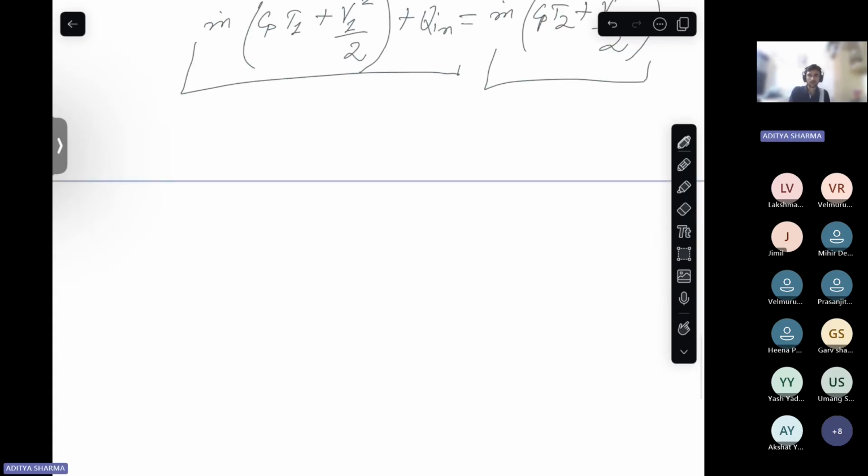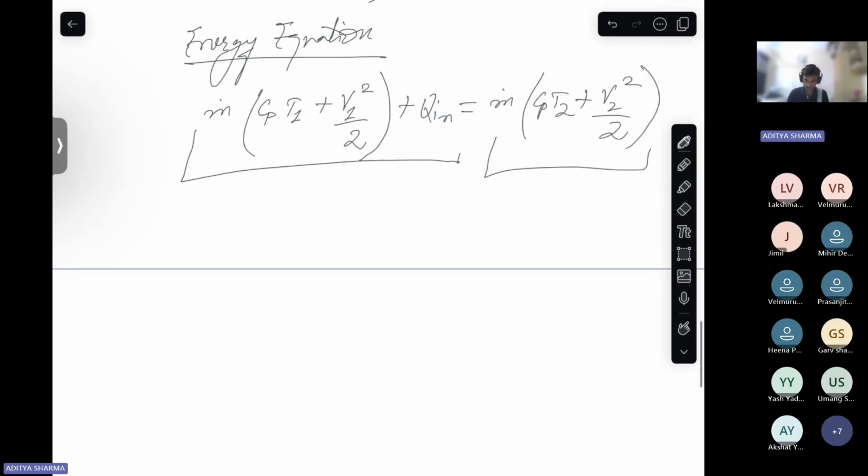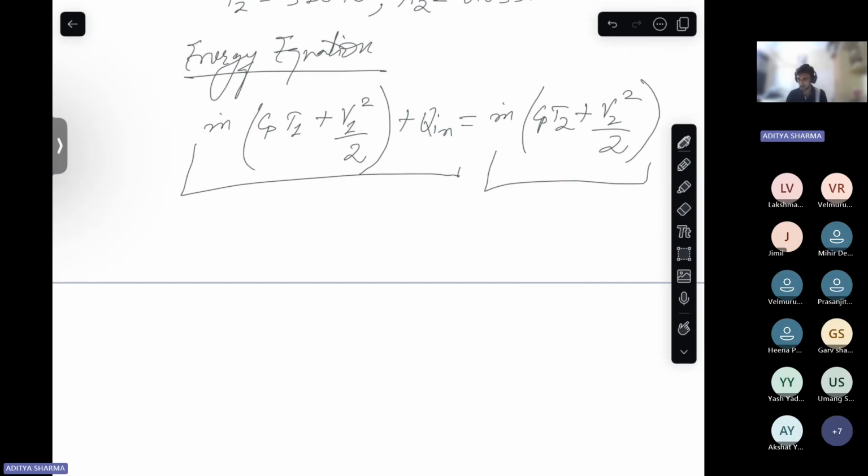So now you have to place the values and give me an answer for what.